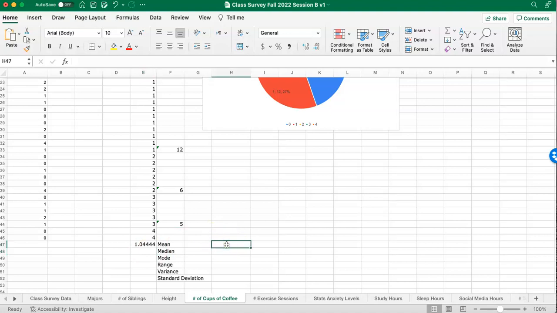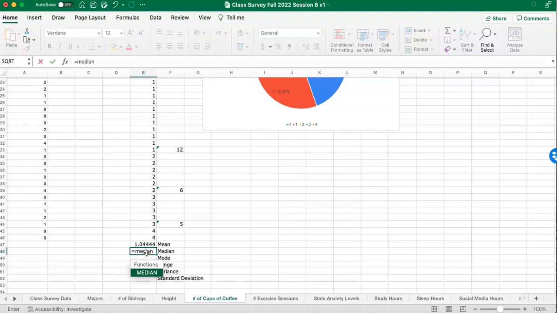When we go to interpret, if the mean is the most appropriate, let's double check and make sure. We're going to say equal median, and this was E2 colon to E46.